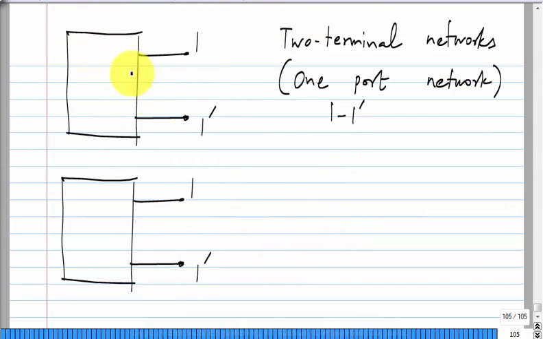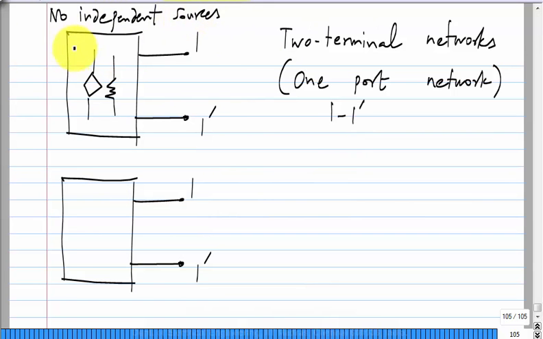Let us say I am looking at a case where there are linear controlled sources and resistors. In particular, there are no independent sources in the circuit. I call this network N.